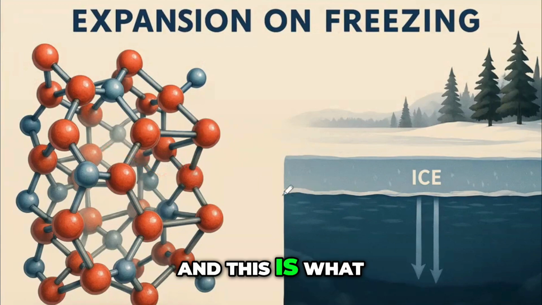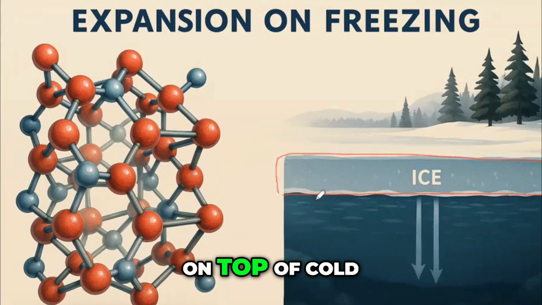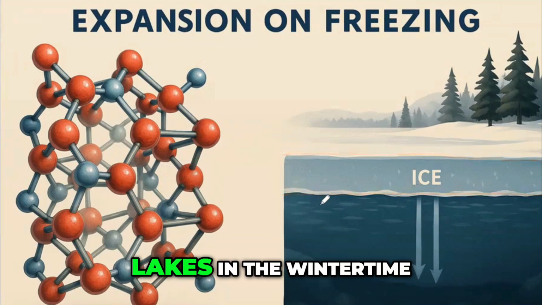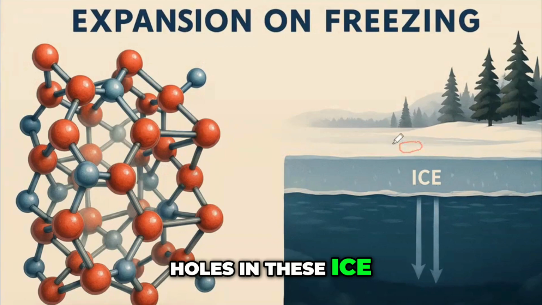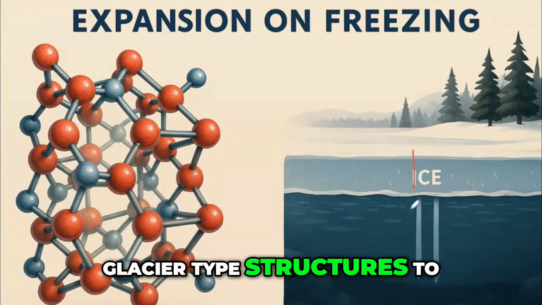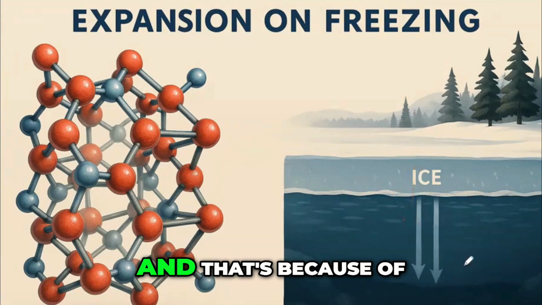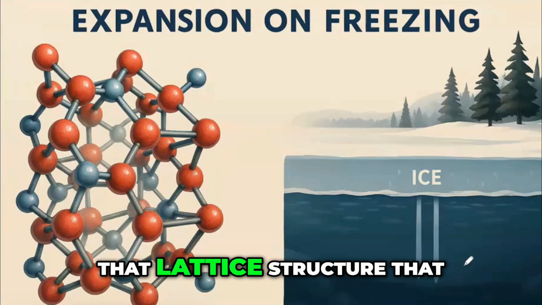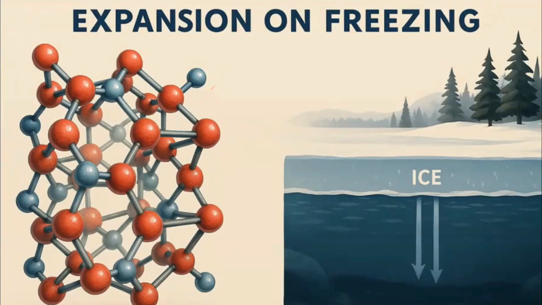This is what allows ice to float on top of cold bodies of water like lakes in the wintertime. That's why sometimes you'll see people make holes in these ice structures to go fishing underneath, and you'll notice the fish are swimming underneath. And that's because of that lattice structure that water has when it freezes.